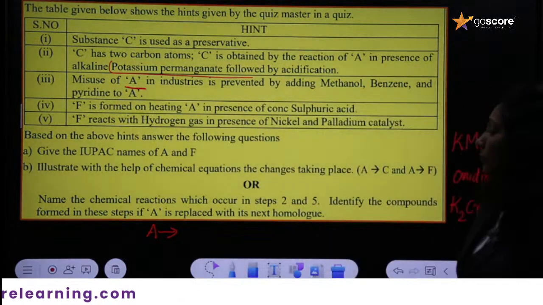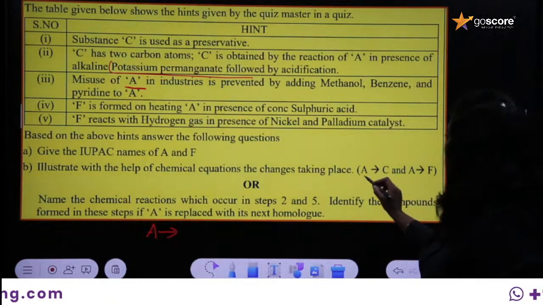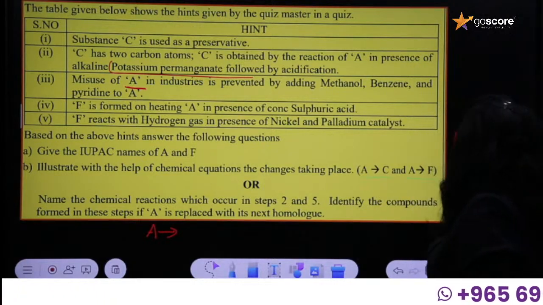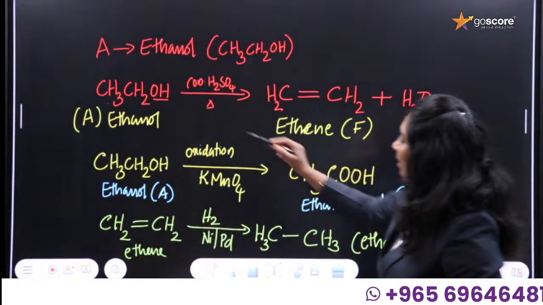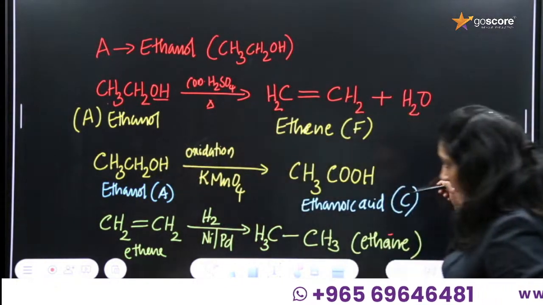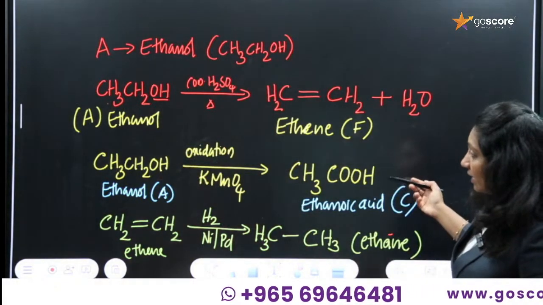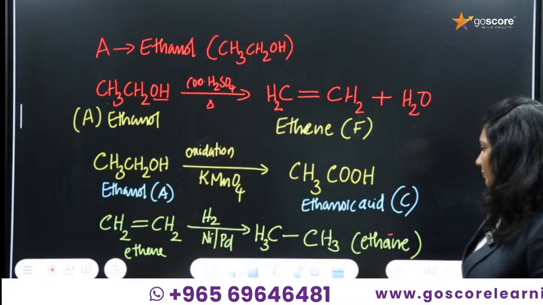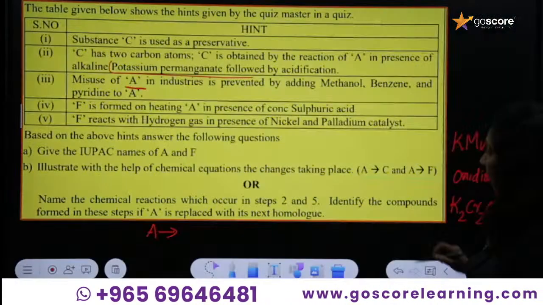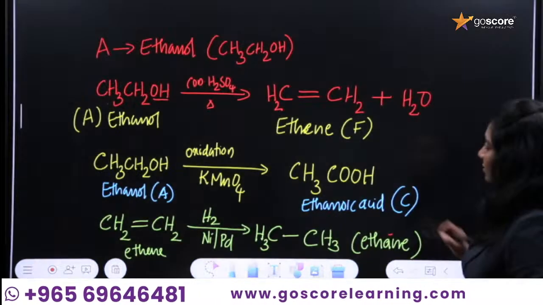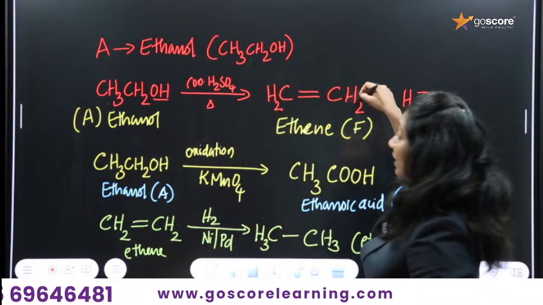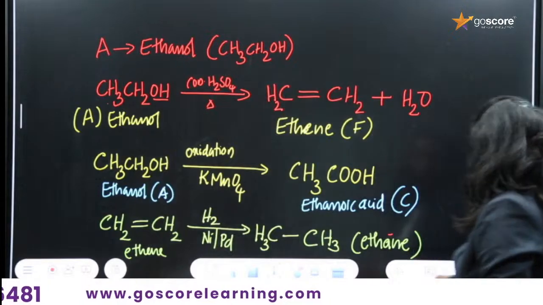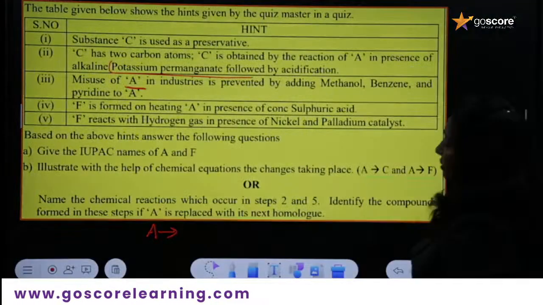Illustrate with the help of chemical equation the changes taking place A to C and A to F. We have already mentioned here A to C, the chemical reaction, and A to F, that is also mentioned here, ethanol to ethene conversion with the chemical equation, right?